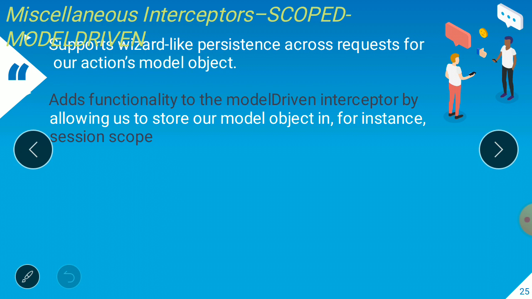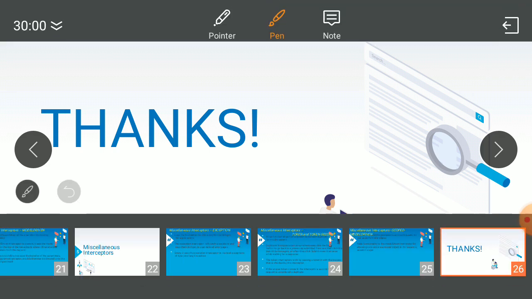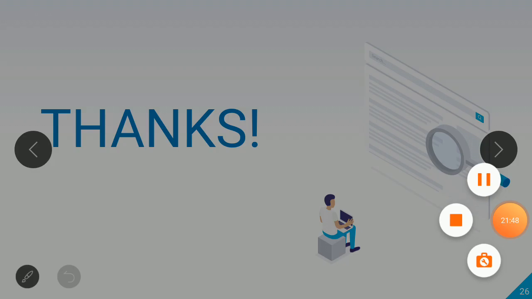I don't want to explain it in detail here because it has less weightage. When maintaining sessions, we usually use a scoped model driven. Okay, so these are all the basic built-in interceptors we have in Struts 2. In the next video we can see how we are going to declare our own interceptor stack. Thank you.